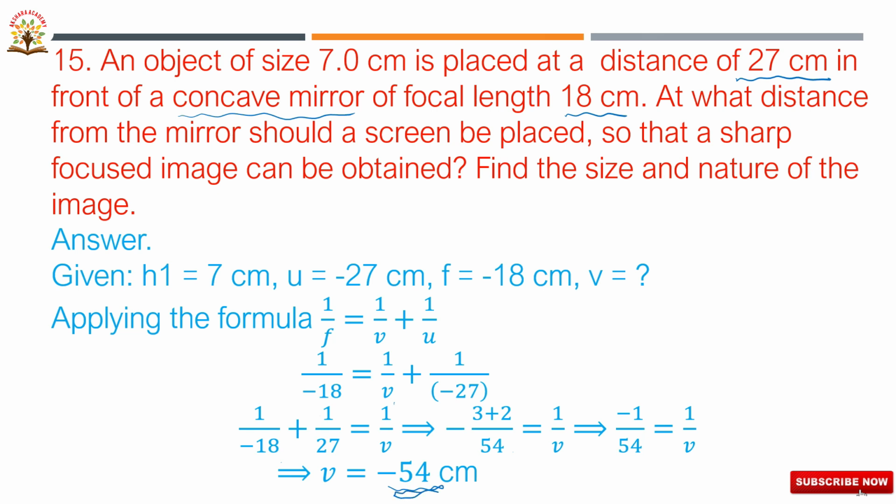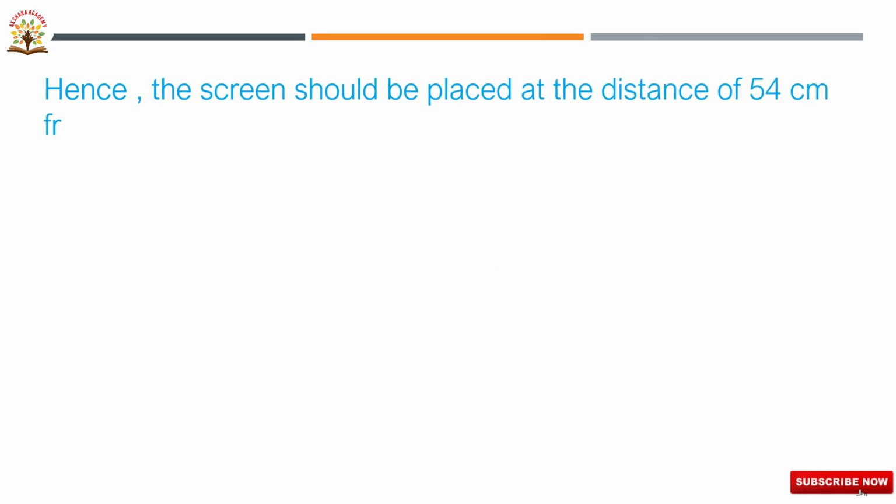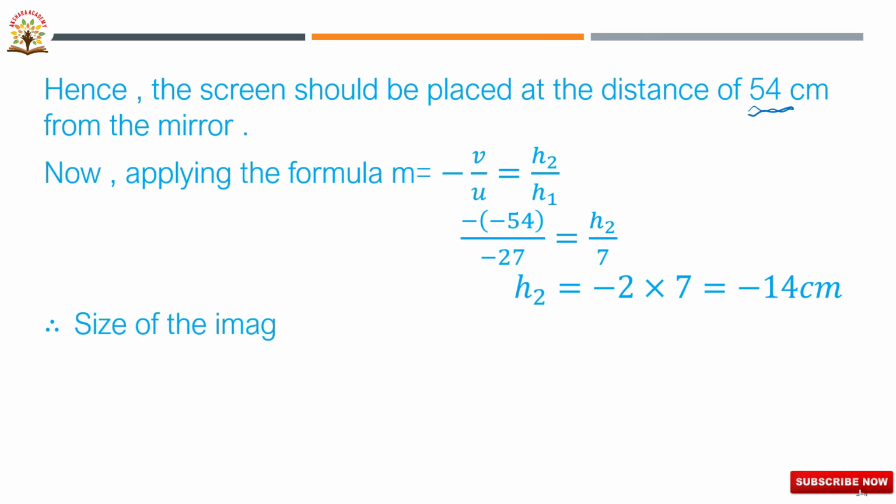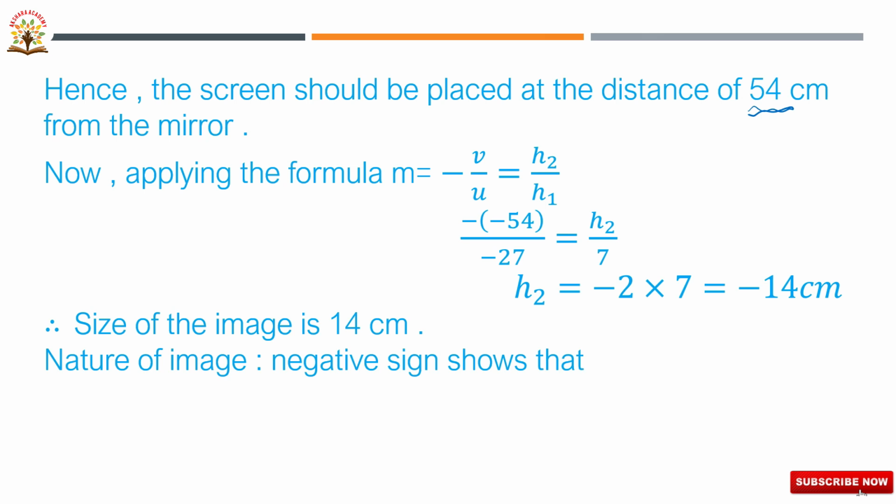Hence the screen should be placed at a distance of 54 centimeter from the mirror. Now applying the formula, magnification m is equal to minus v by u, h2 by h1. Now substituting values, v is minus 54, minus of minus is plus, and u is minus 27, h2 by 7.